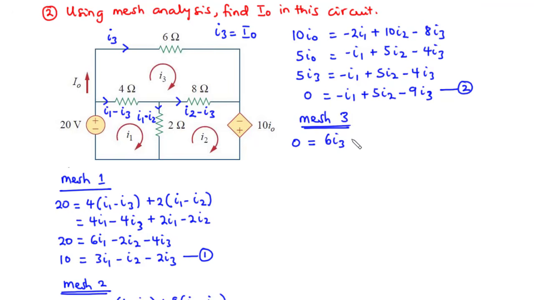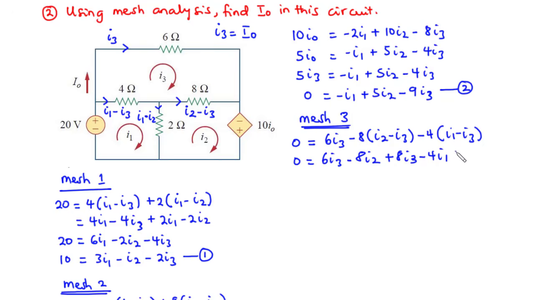So that's going to be negative 8 into bracket (I2 minus I3), and then still opposing, so minus 4 into bracket (I1 minus I3). So we have 0 equals 6I3 minus 8I2 plus 8I3 minus 4I1 plus 4I3.